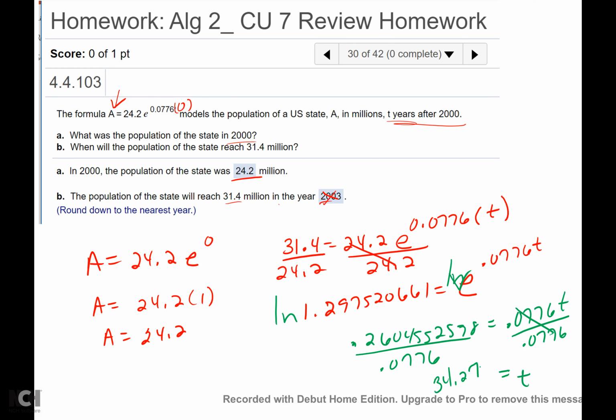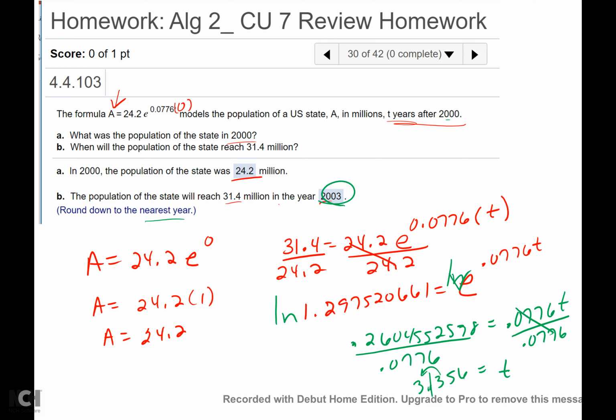Oh, I did too many zeros. Watch your typing and your fingers. 0.0776. I put 2 zeros instead of 2 sevens. There we go. So you get t equals 3.356, yada, yada, yada. To the nearest year, the 3 wouldn't bump it up, so 3 years after 2000 would be 2003.